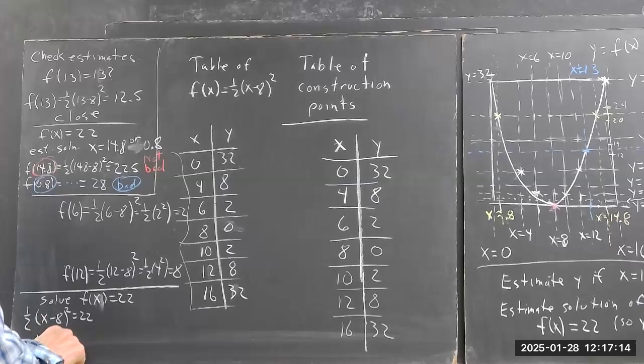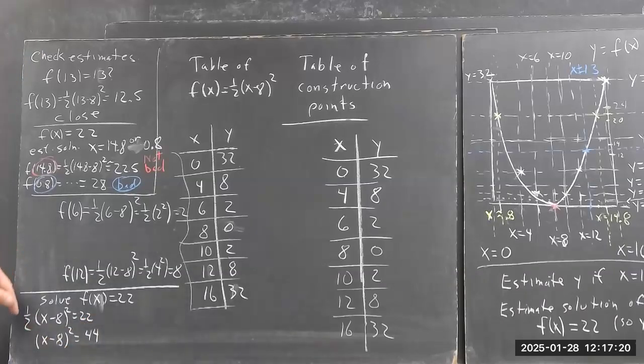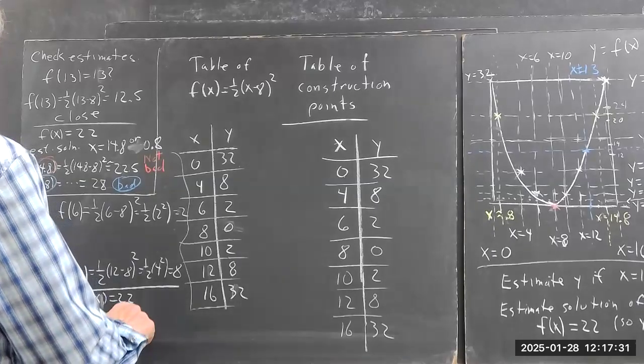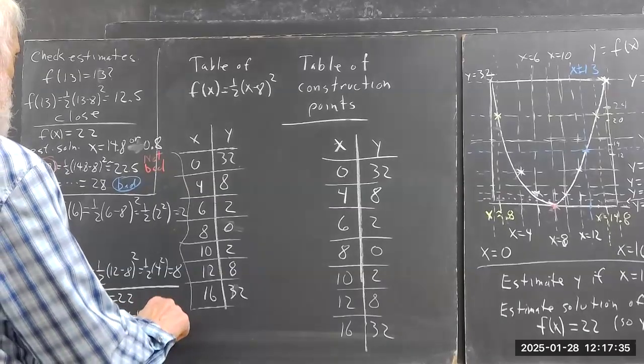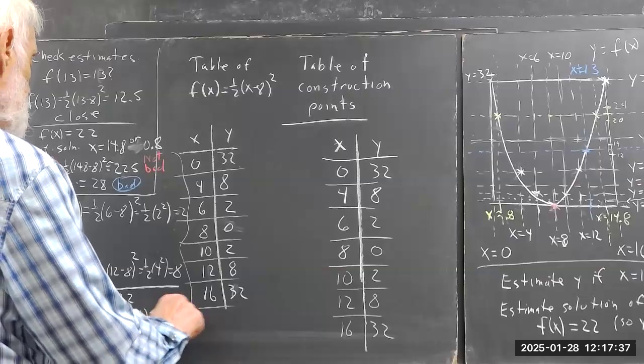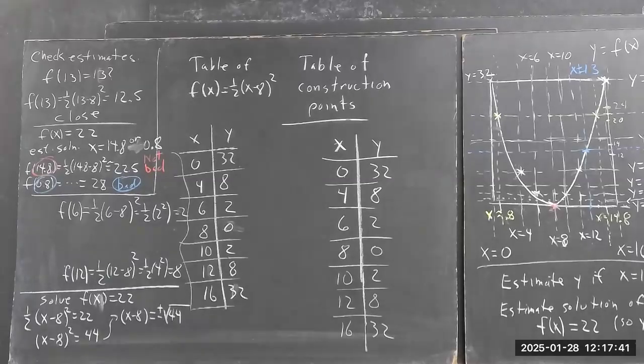I didn't expect you necessarily to get all those steps, but they're easy. We just multiply both sides by two. 2 times 1/2 is 1. So we get (x minus 8) squared. 2 times 22 is 44, right? So x minus 8 is plus or minus the square root of 44.